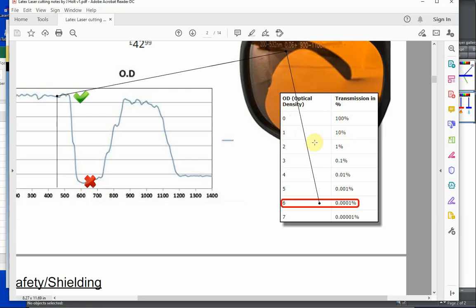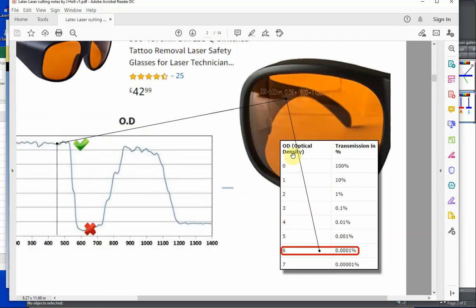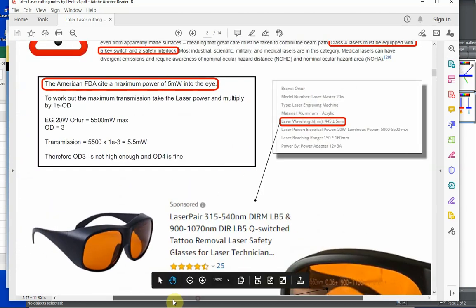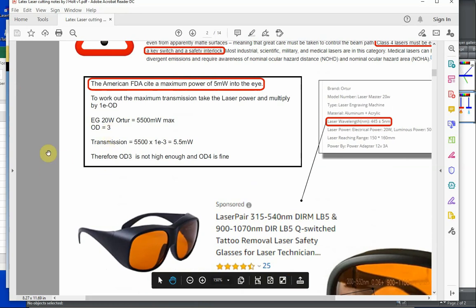OD1 is 10%, 2 is 1%, 3 is 0.1, and so on. So basically, the OD, you can think of that as the number of noughts that you need to divide by. So, for example, maybe I haven't made that clear. If you've got a 20-watt diode laser, which actually is rated at 5.5 watts, that's 5,500 milliwatts.